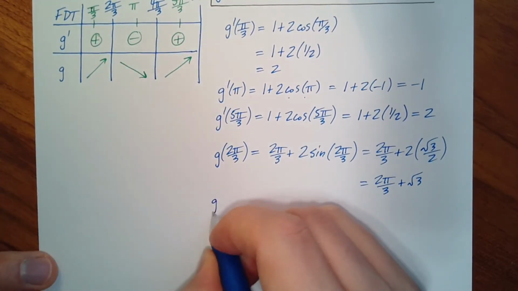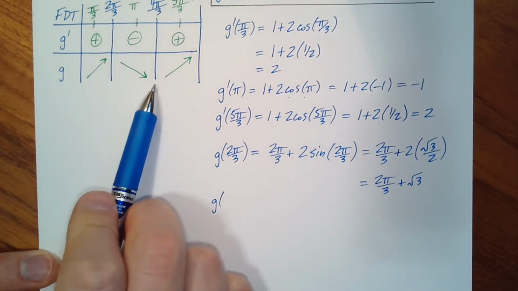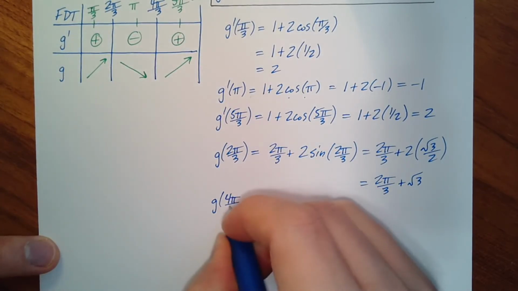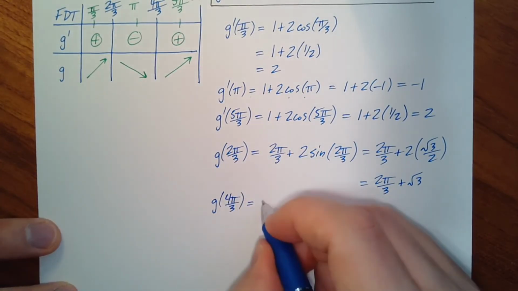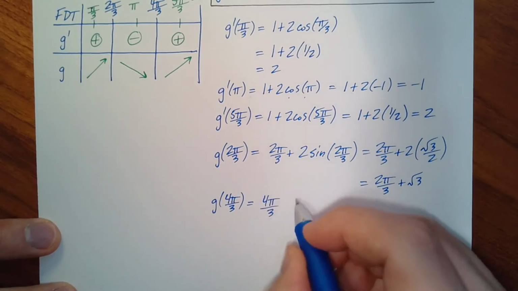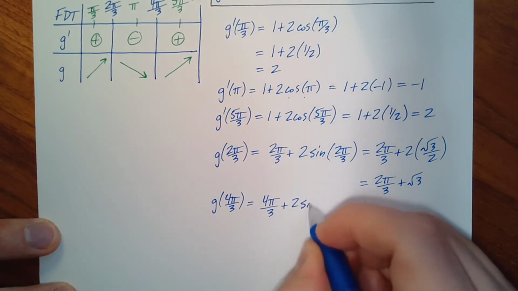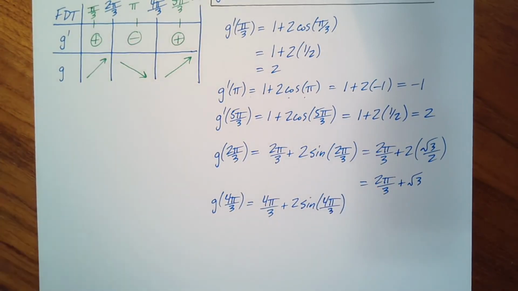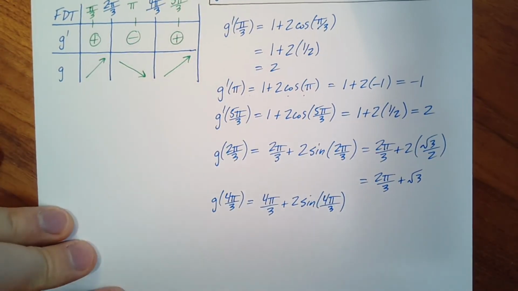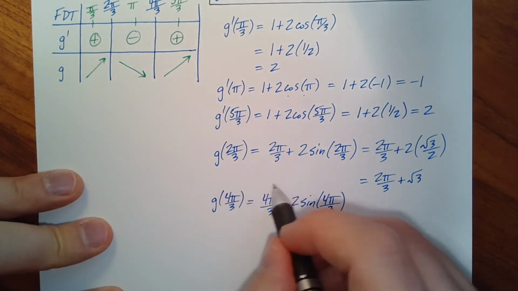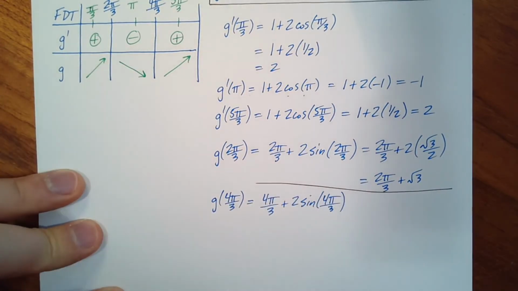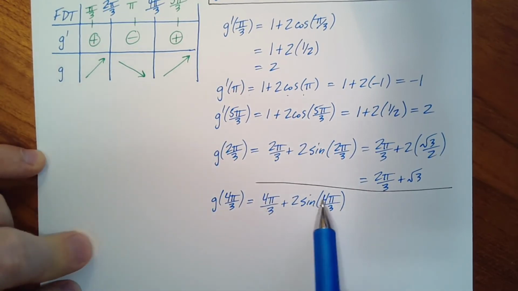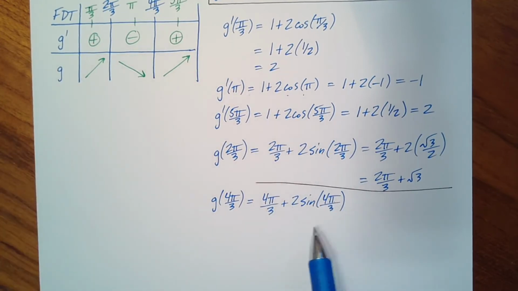Now let's work out g of 4 pi over 3 and find the value of the local minimum. So g of 4 pi over 3, we're going to get 4 pi over 3 plus 2 times sine of 4 pi over 3. Okay, and then this is getting a bit squished here, so I'm just going to draw a dividing line there. Now sine of 4 pi over 3, reference angle of 4 pi over 3 is also pi over 3.